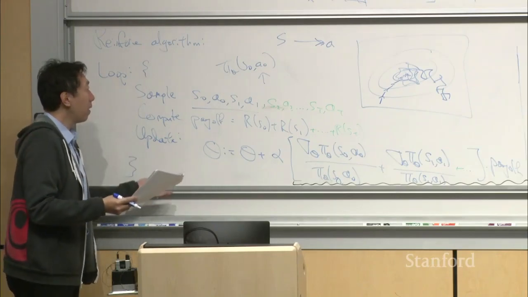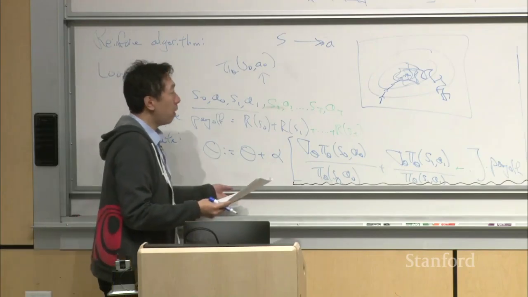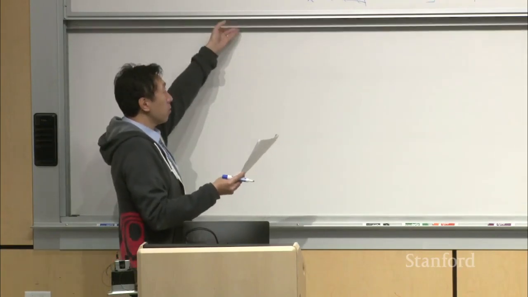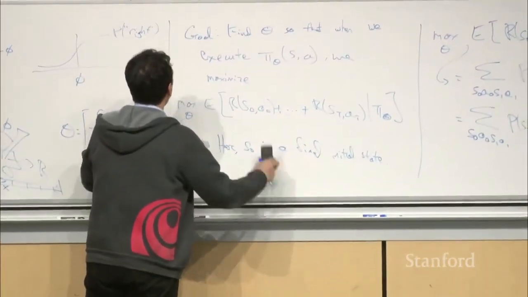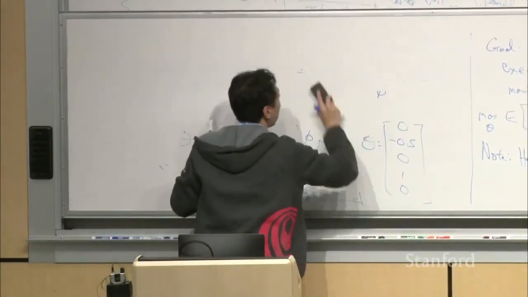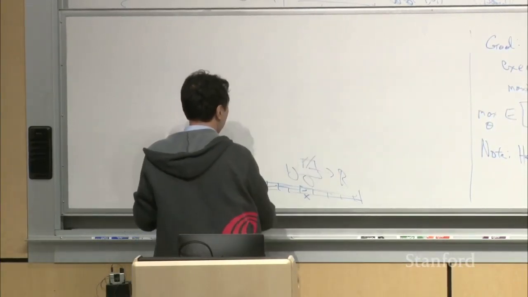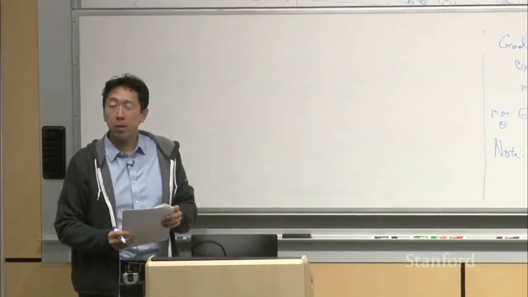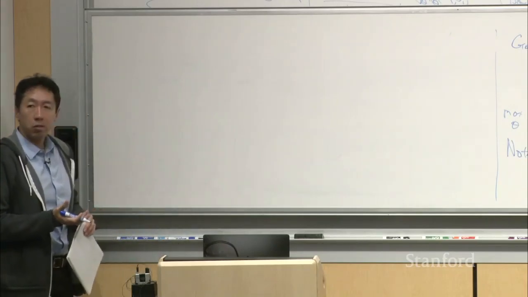All right. So for other types of policies, direct policy search also works if you have continuous value actions and you don't want to discretize the action.